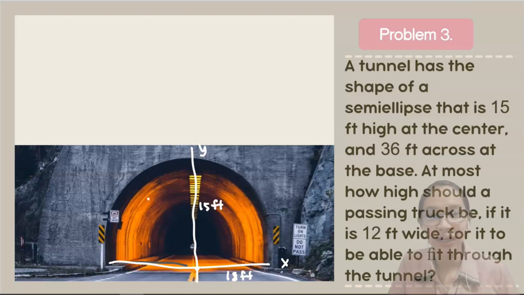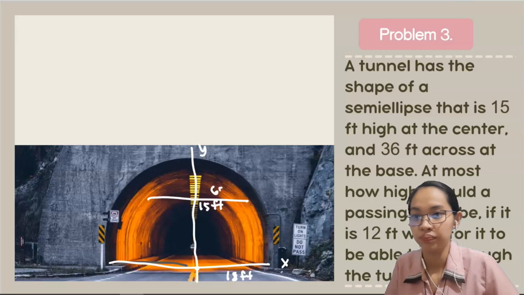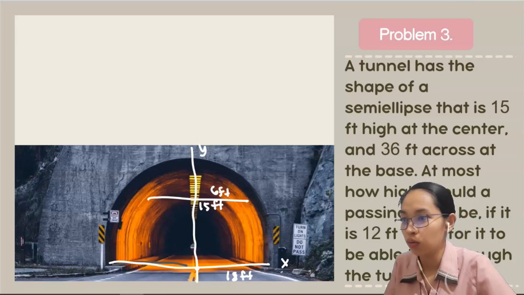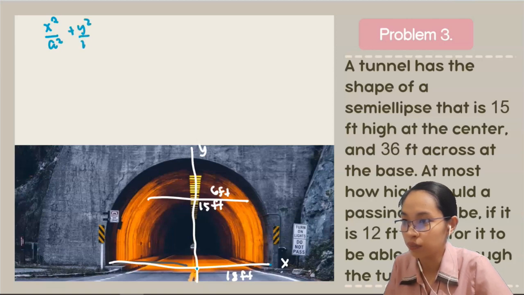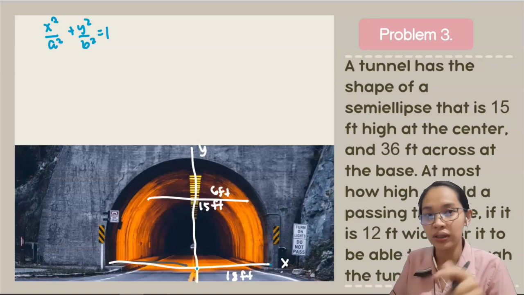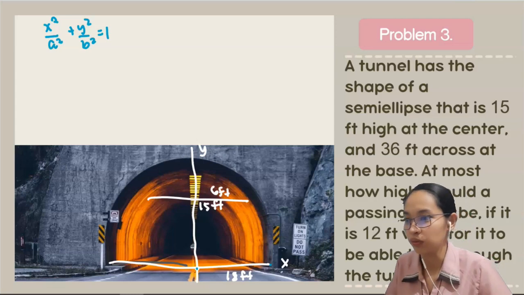Isosolve natin kung magkakasya ba yung truck mo dun sa tunnel given at this dimension. Okay, since we know that since mas mahaba yung horizontal kaysa sa vertical, our general form of equation is x squared all over a squared plus y squared all over b squared is equal to 1.